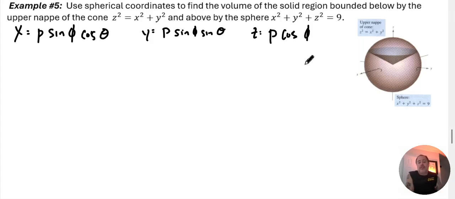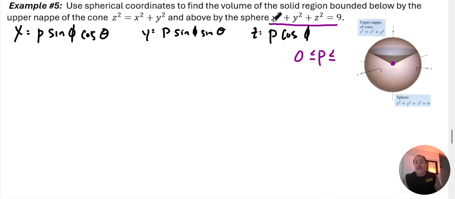The first thing I always like to do in these problems is look at the bounds for our three coordinates. The first one is rho. The lower bound for rho is going to be 0, because it's a sphere and it starts at the origin. The upper bound for rho: these equations are written very nicely for us.